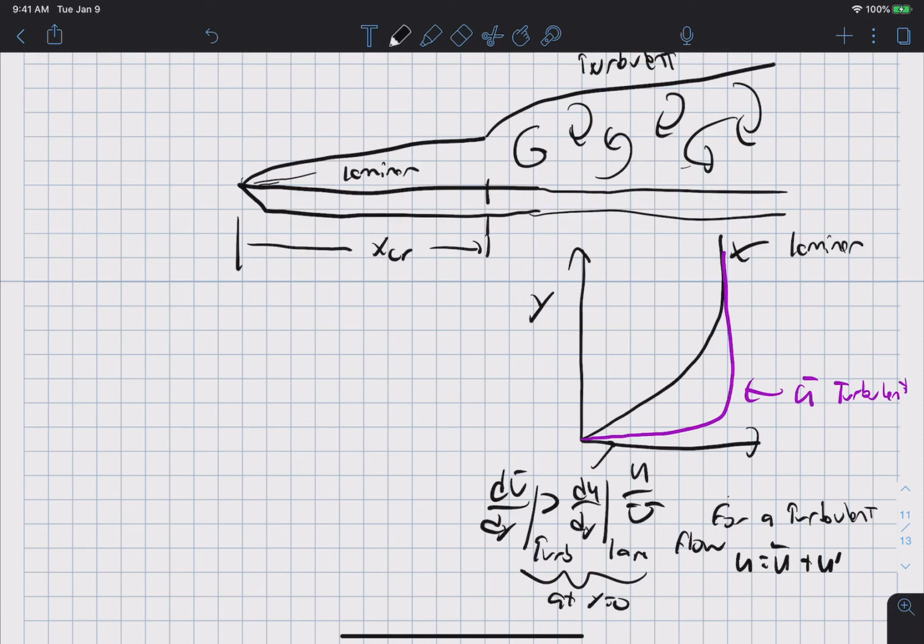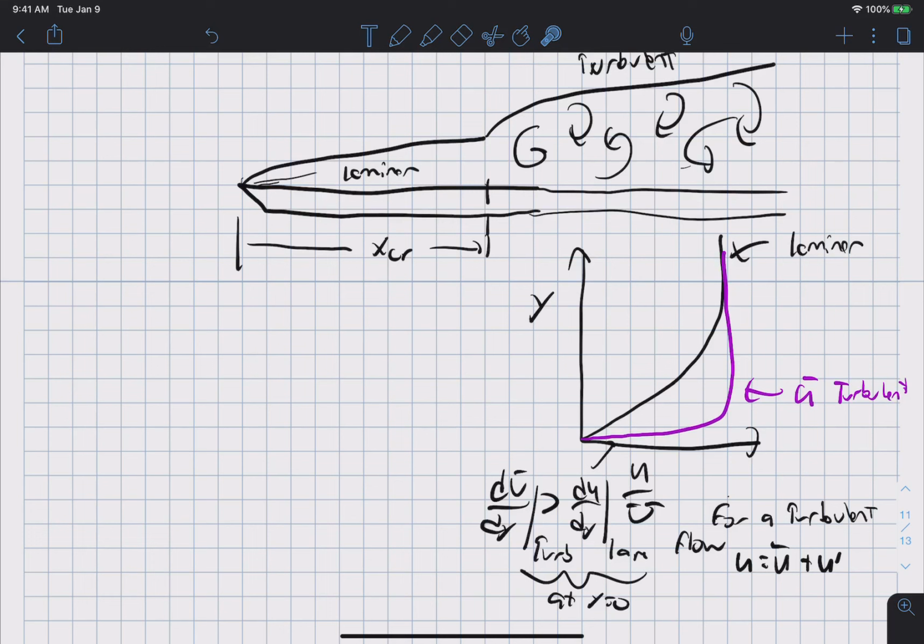This basically means that the shear stress for a turbulent boundary layer is going to be much higher than it is for a laminar boundary layer. So the skin friction drag for a turbulent boundary layer is always higher than it is for a laminar boundary layer.